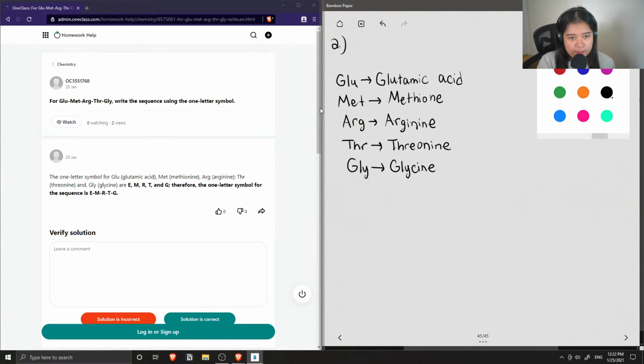So now that we have identified each of these amino acids, we can write out all of their one-letter symbols.